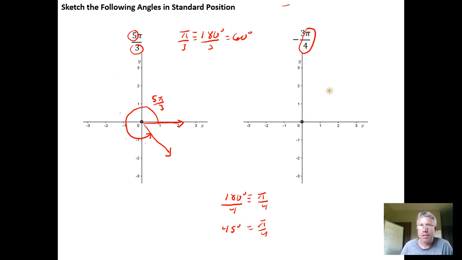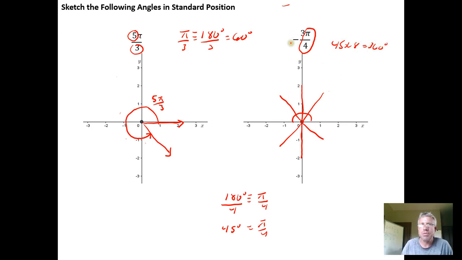So I'm going to chunk a rotation of pi, which is the upper half, into 4 45 degree chunks. And I could pull these through and chunk everything else up as well. So I wind up with 8 slices, each of which is 45 degrees. 45 times 8 will be 360 degrees, the full revolution.